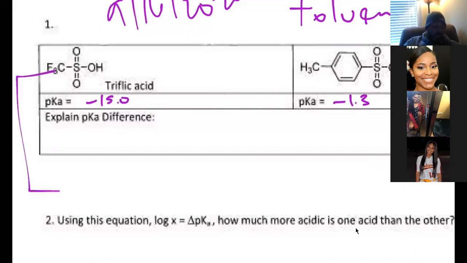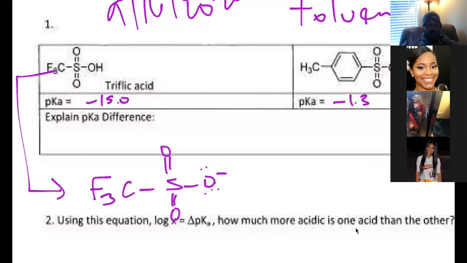So for this conjugate base, it's going to look like this. Anybody disagree with that? The conjugate base is the acid after it's lost a proton. Is that right? Yes or no? Yes.